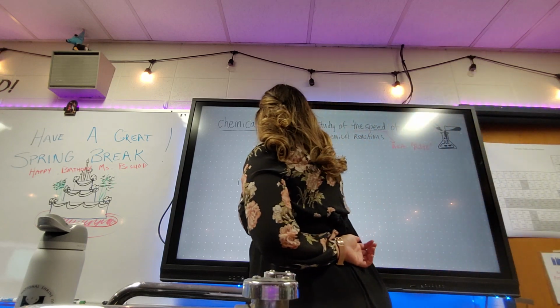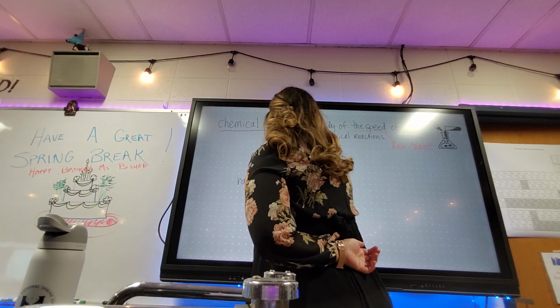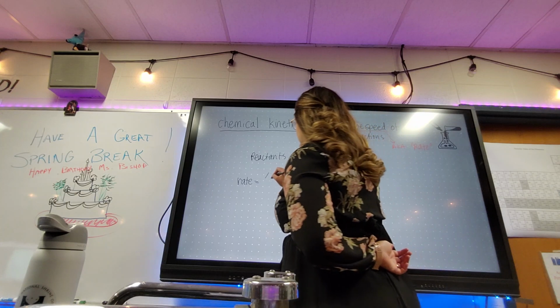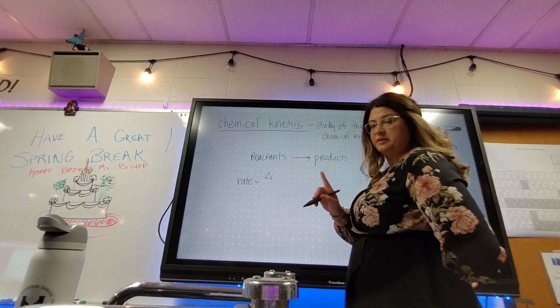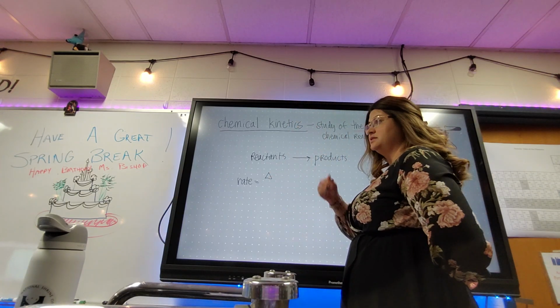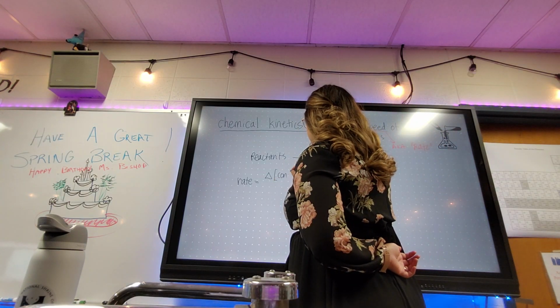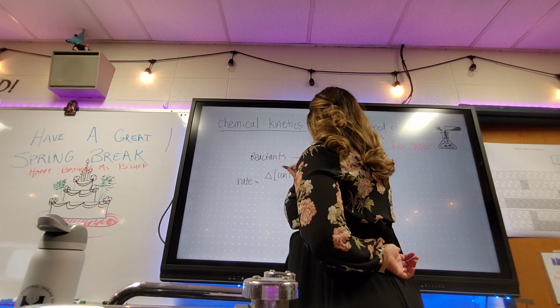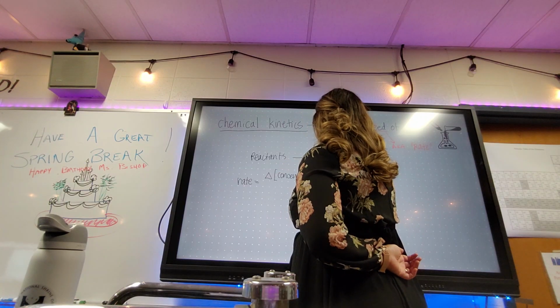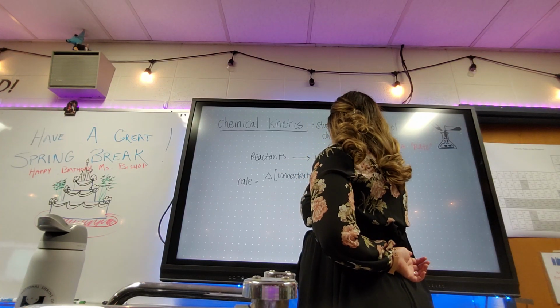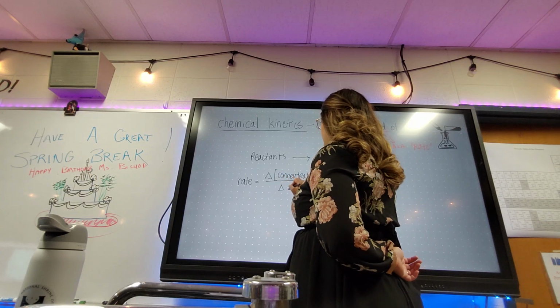So the rate of a reaction is equal to triangle, and I'll explain what triangle means. So I'm going to write all this down first and then I'll explain it. Triangle concentration divided by triangle small t.